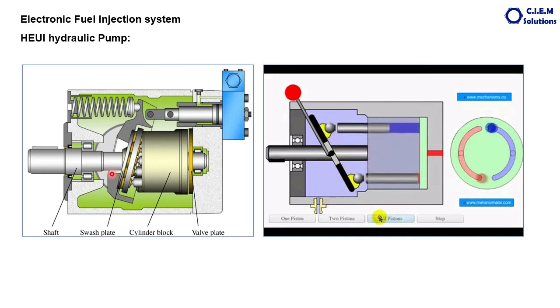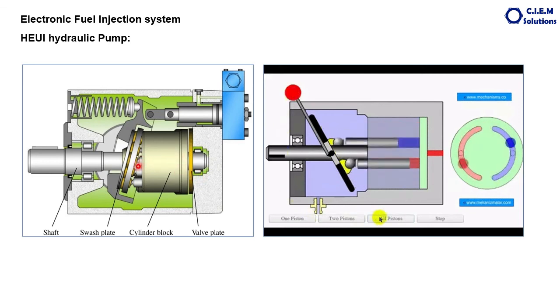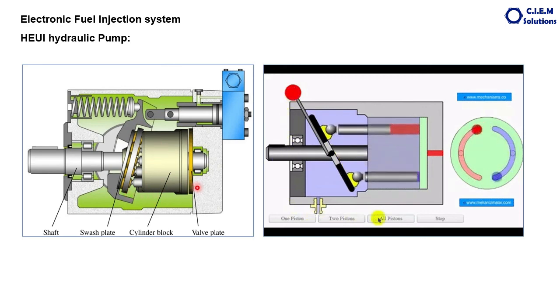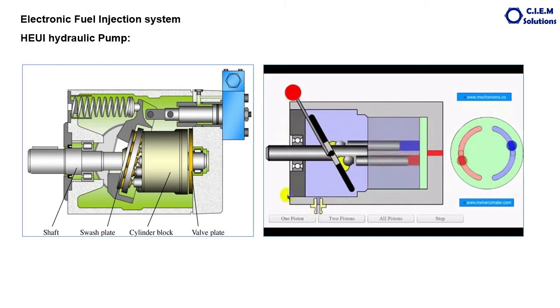The valve plate, the cylinder block and the swash plate, assembled with the pistons, will rotate as a single unit. As it rotates, the pistons move horizontally, inside and outside. When the piston moves from here to here, oil will be sucked, and when the piston moves towards the plate, oil will be pushed out.